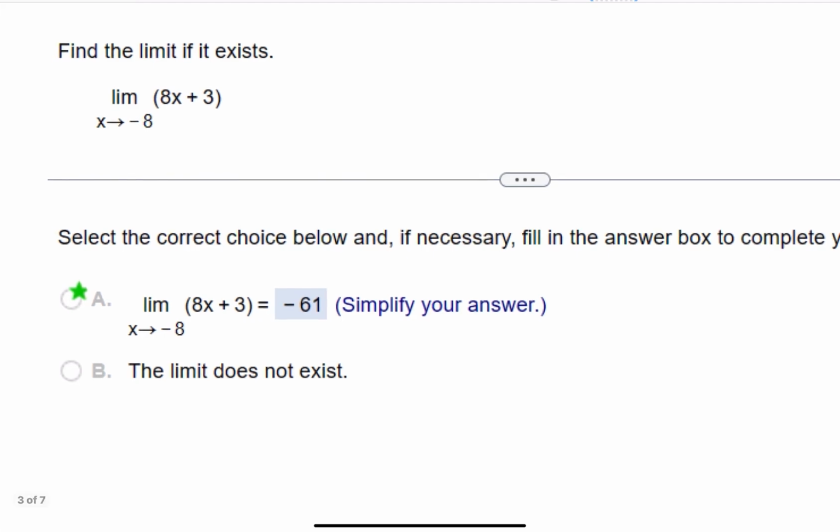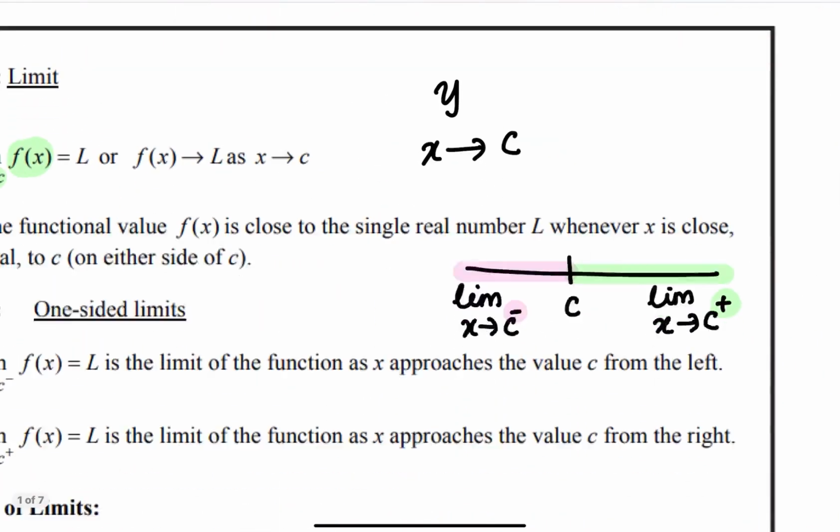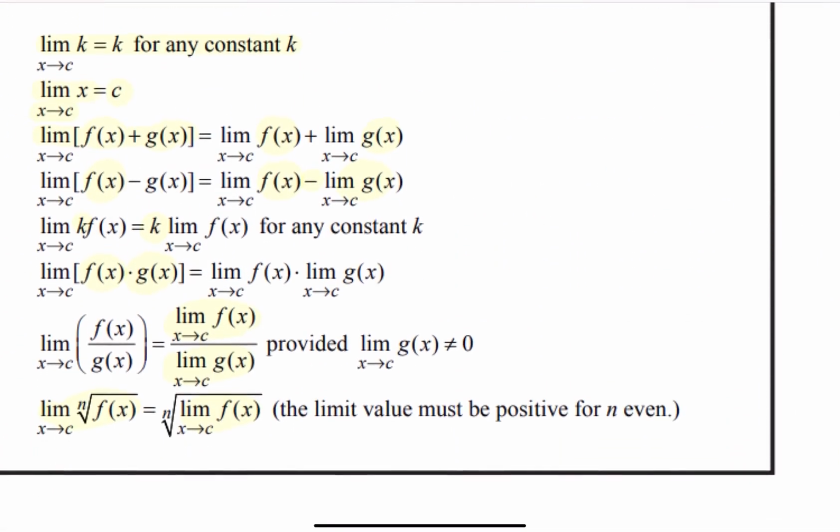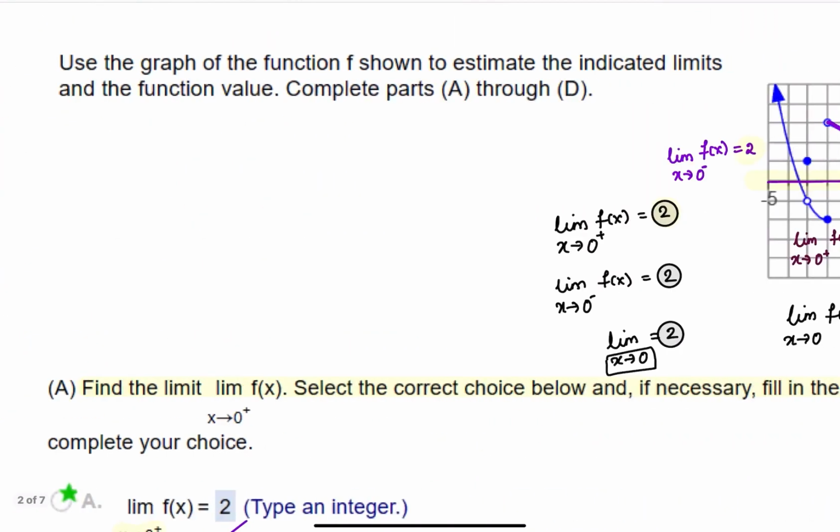Find the limit if it exists. They're asking me for x approaching negative 8 of the function 8x plus 3. So I'm going to use the limit formulas, that is all the way up here. You should have a copy of this while you're doing the problems.